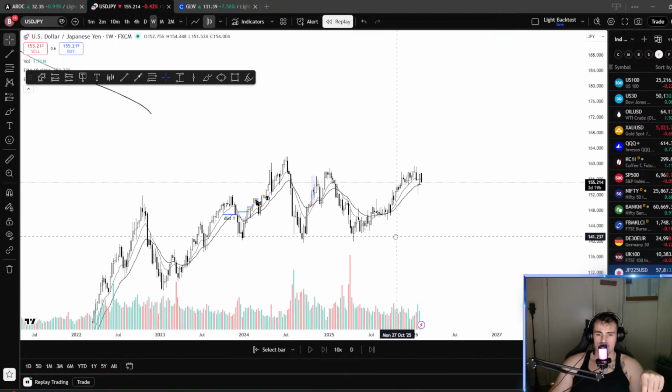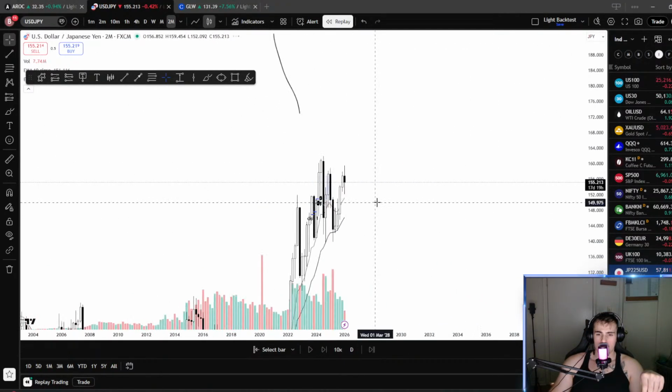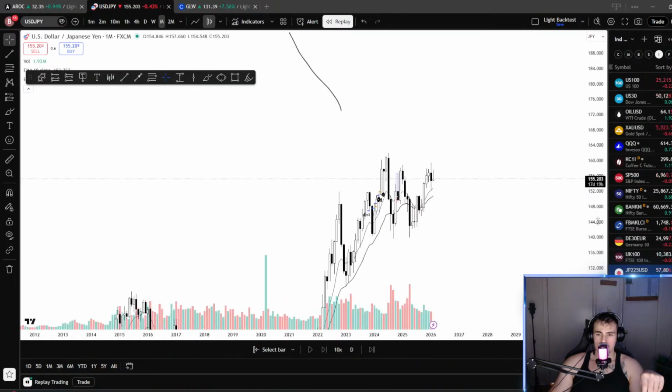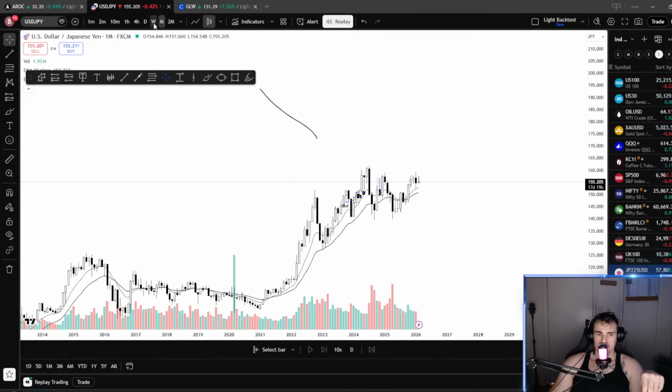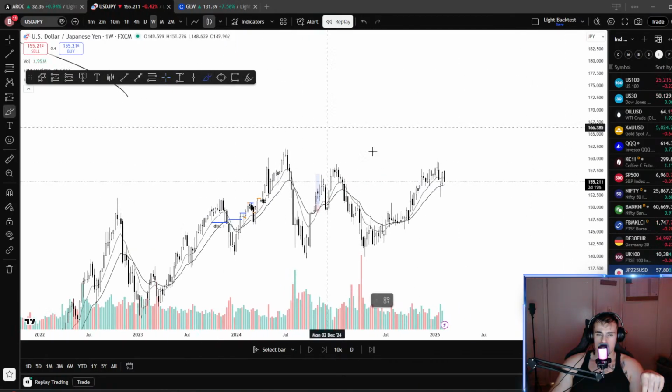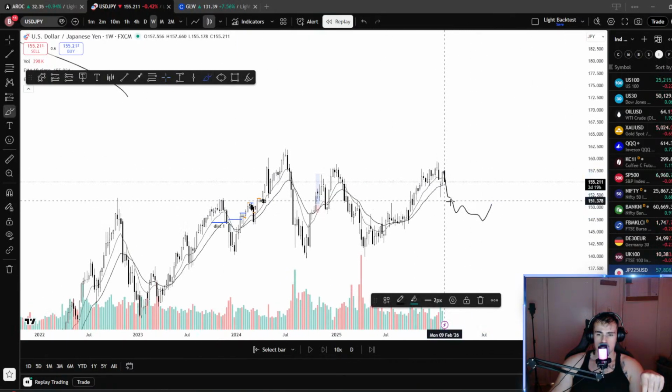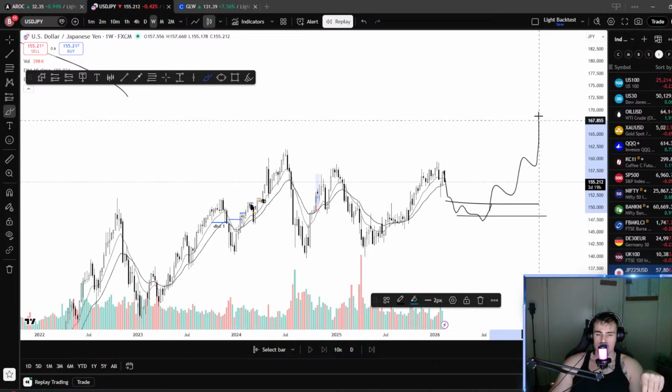I would expect on USD JPY probably a breakdown like this, consolidation in this area, and then it's going to break up and go.